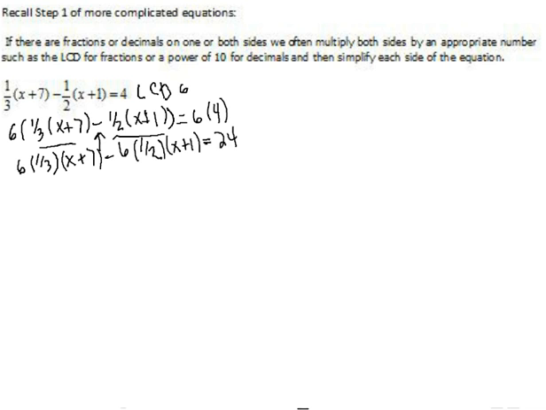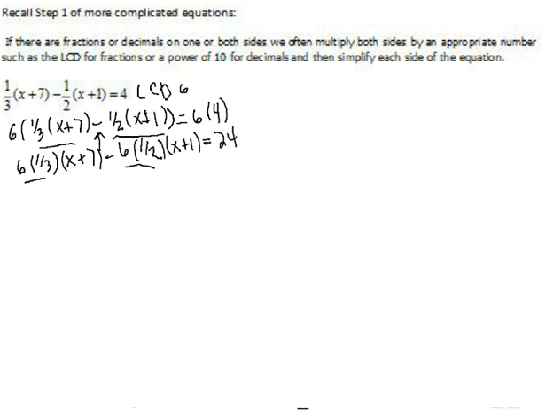Notice first that the 6 has distributed to each of the terms, as I was talking about before, and that now 6 times 1/3 will turn into 2, and 6 times 1/2 will turn into 3.